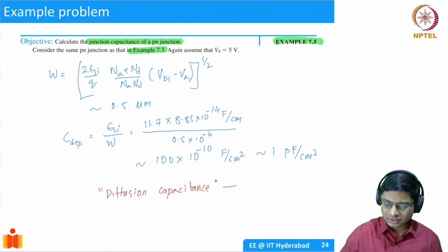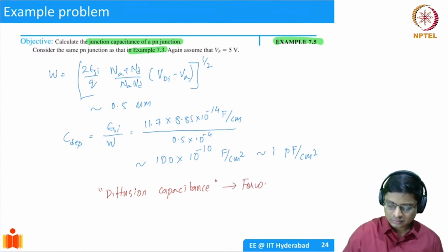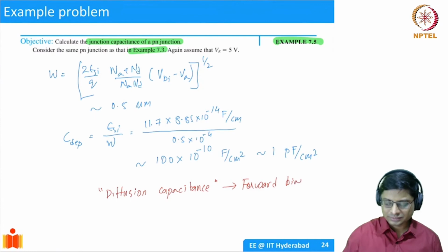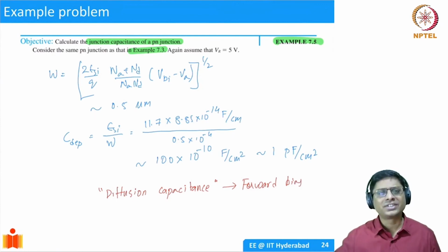In the forward bias, the functional behavior is different. It's essentially something to do with how much time the minority carriers are going to spend in the semiconductor. So it is related to the minority carrier recombination time, and it's a little bit involved for us right now. It turns out that the depletion capacitance is much more widely applicable.